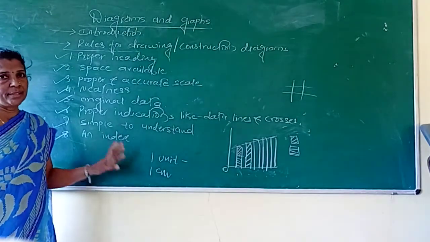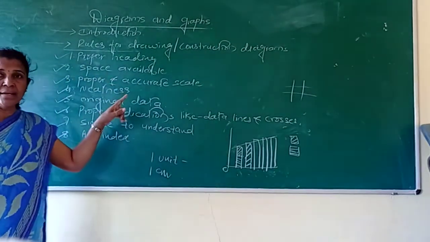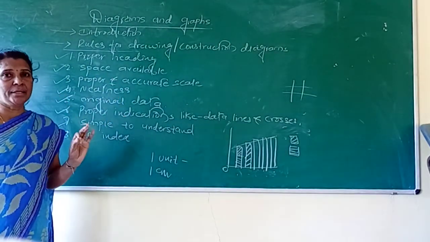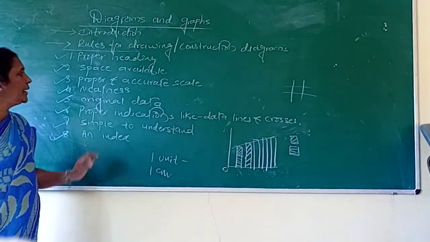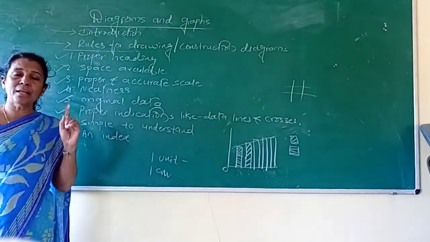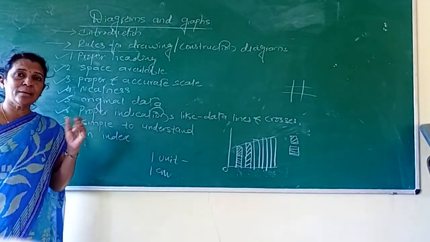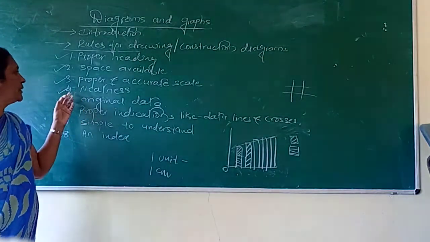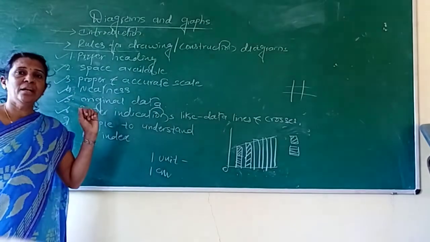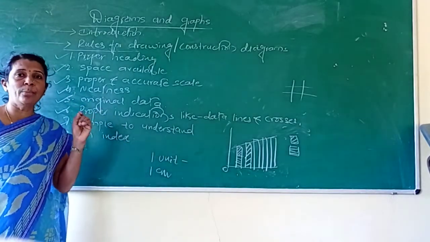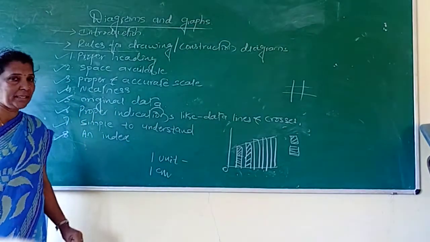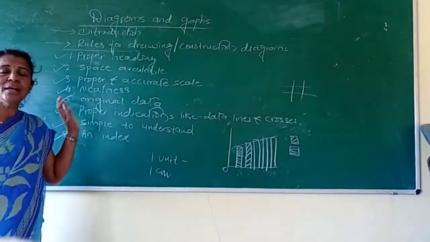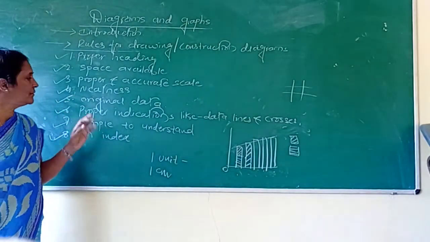you have to remember. Every diagram should have a proper heading. Then the second one, your diagram should be according to the space available. Then third one, a diagram should have a proper and accurate scale. Your diagram should be neat.